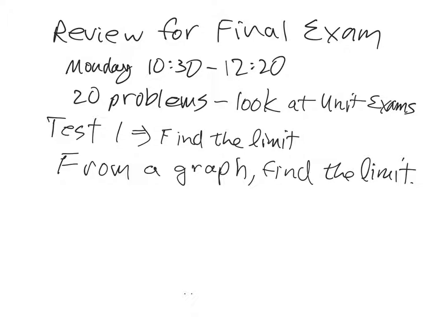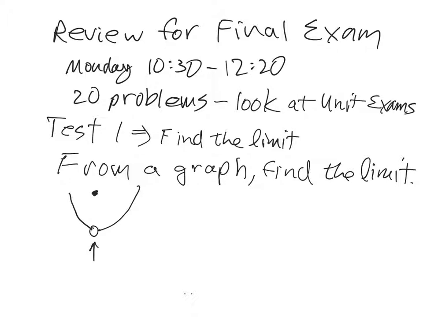Then we also looked at where a function was not continuous, okay? And from a graphing standpoint, I'll just make up a graph here. Well, at this x value, we would say the function is not continuous.